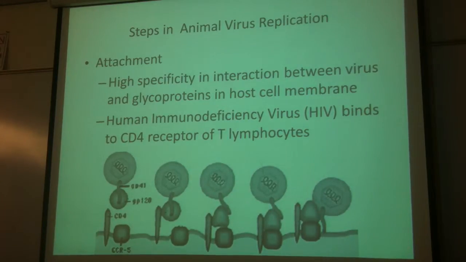HIV is kind of nasty because it binds to the CD4 receptor of our T lymphocytes. What do T lymphocytes do? They're really important for your immune system. So it specifically binds to T lymphocytes, and if a part of your immune system is being taken out because it's infected by viruses, you have issues.